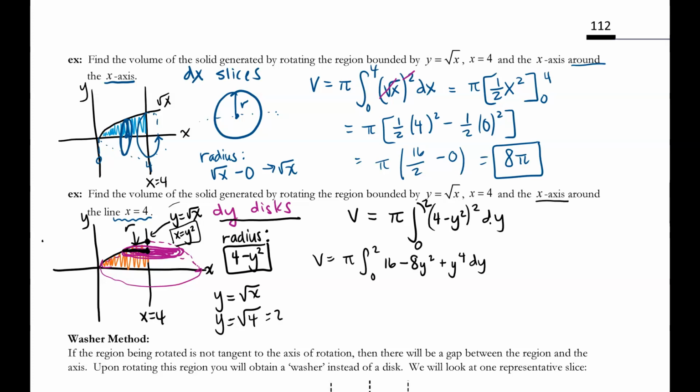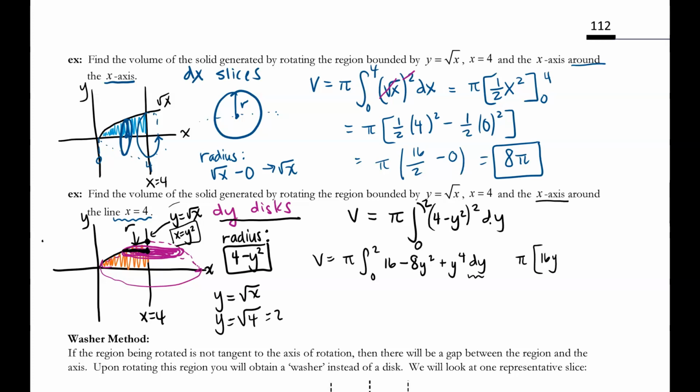All right, so now we want to find the antiderivative. So pi comes along for the ride. 16 becomes 16x. Negative 8y squared. Oh no, does not become 16x, excuse me. Forgot we're doing this with respect to y. It becomes 16y.